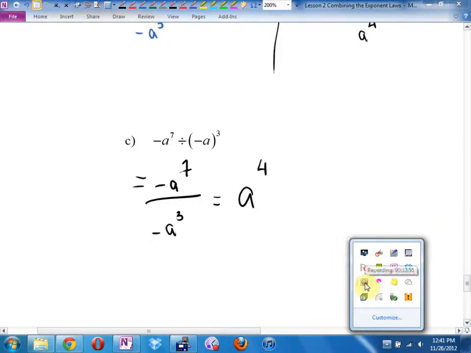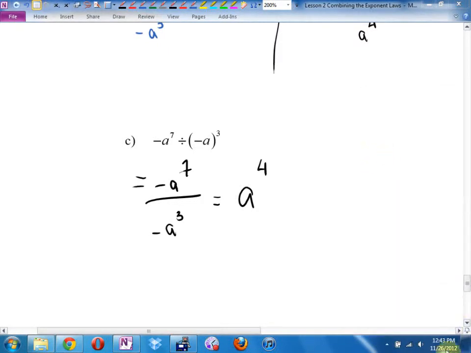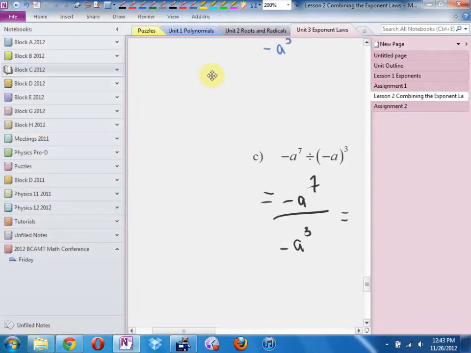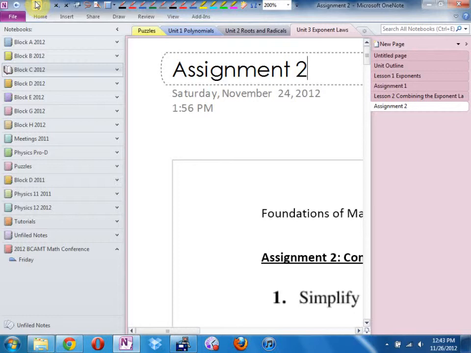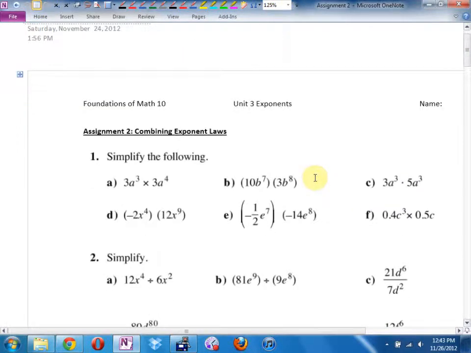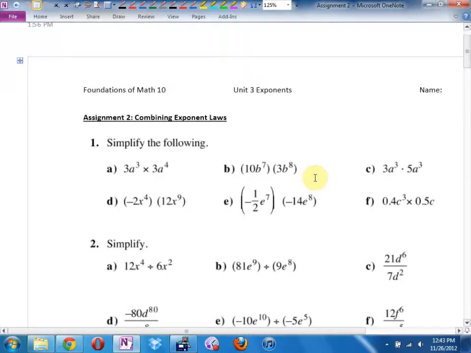What's your homework? Give me a second, I'll hand it out. Answers are attached to this one. Assignment 2, questions that you can do. Let me just shrink this down so I can see the whole screen again. I think if we go 1A, C, and E, and if you write small, you can do it right there, or you can do these on a separate piece of paper.